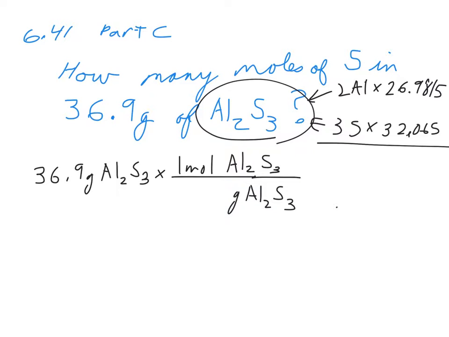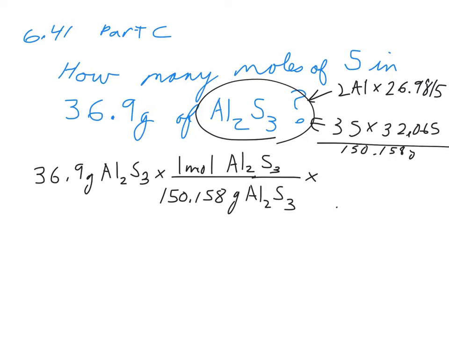And that gives me 150.158 grams. So I know 1 mole of aluminum sulfide is 150.158 grams.